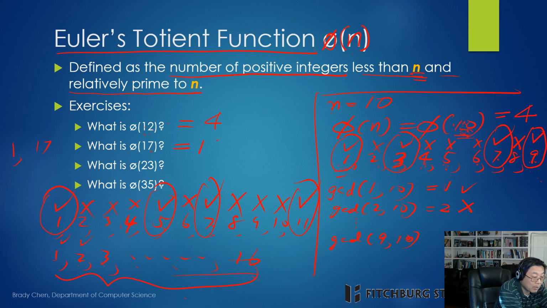So this is 16. Now what about 23? What about 35? Okay, I'm not going to work on this. But for 23, you will find it's relatively easy to find the phi of 23. It's 22. Think about this. Why?